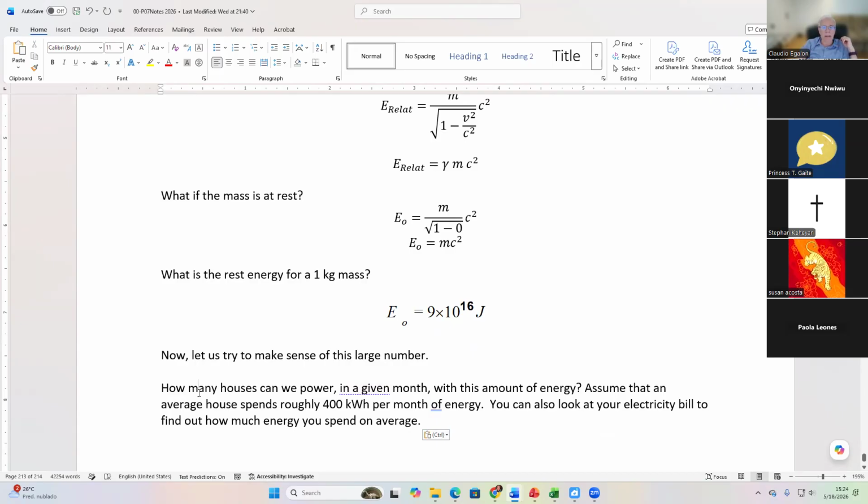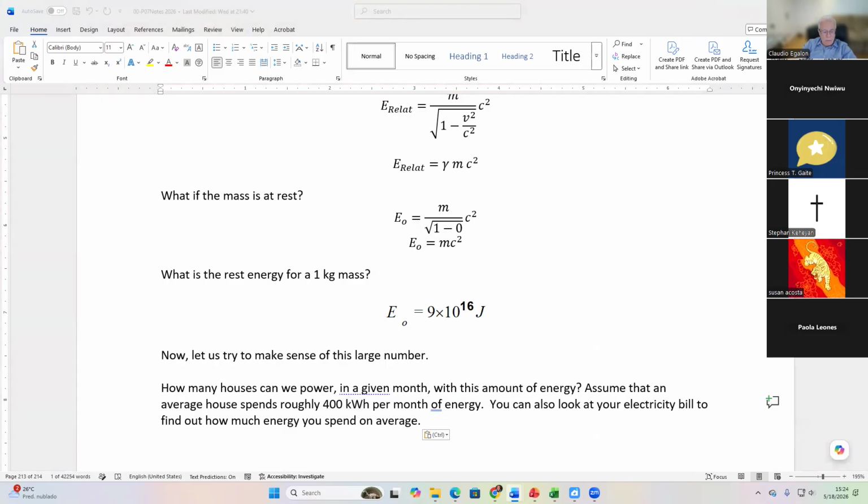That's a very good way of finding out what this number is all about, right? How many houses can we power in a single month with this amount of energy? And don't forget, joules is just one way of measuring energy, and kilowatt hour too is just another way of measuring energy. There is a conversion factor, by the way.